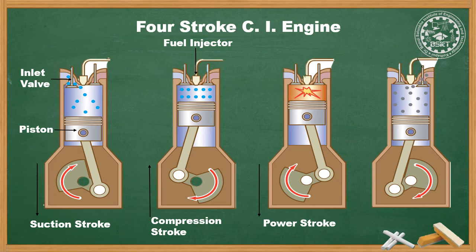During this, both the suction and exhaust valves are closed. Both temperature and pressure decrease during the expansion stroke. And last is the exhaust stroke. At the end of the expansion stroke, the exhaust valve opens and the piston moves from BDC to TDC to sweep out the remaining gases.